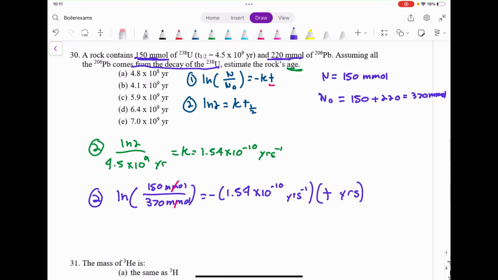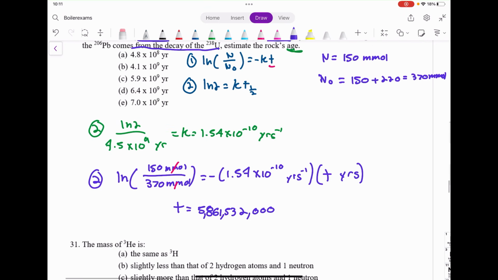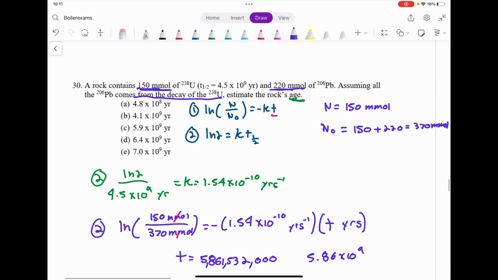We're going to divide by the 1.54 times 10 to the negative 10th. You get T equals 586153200. That is 5.86 times 10 to the 9th years. Yeah, so that's our answer. And that looks like C, 30C.